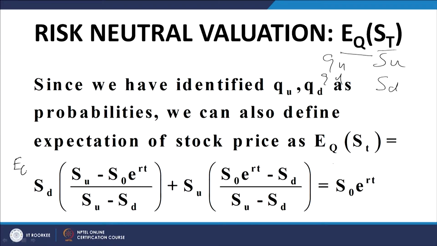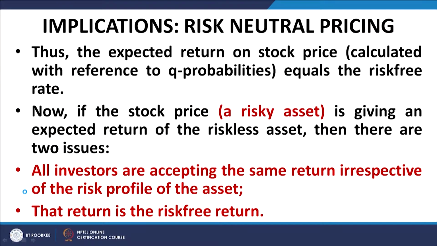Simply putting the values of QD and QU, we find that EQ ST is equal to S0 e to the power RT. What does it mean? It means that these synthetic probabilities are such that the expectation that we get for the stock price at a future date implies a risk free return.